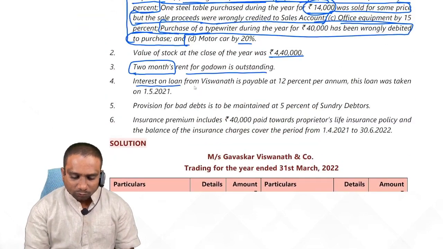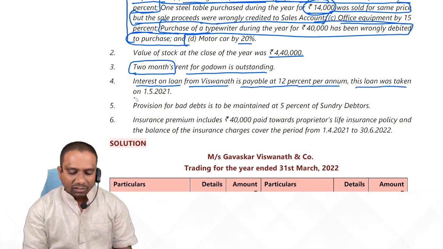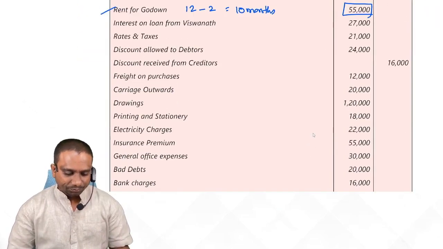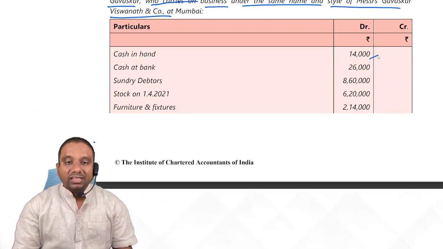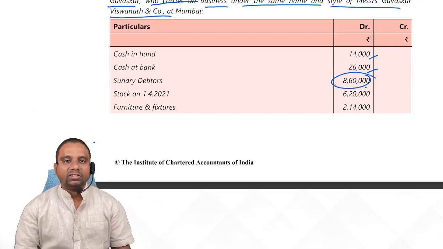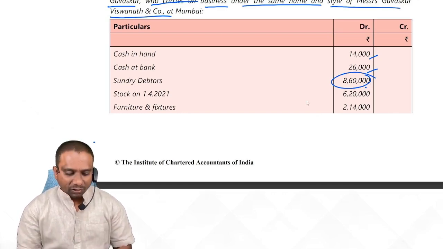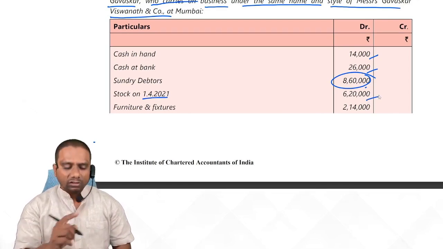Next one. Interest on loan from Vishwanath is payable at 12% per annum. This loan was taken on 1/5/2021. We come one by one. Cash in hand, asset. Cash at bank, asset, balance sheet. Sundry debtors, 8,60,000 rupees, balance sheet; if you have any provision, deduct. Stock on 1/4/2021, opening stock, trading account debit.